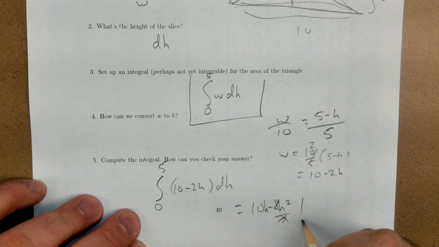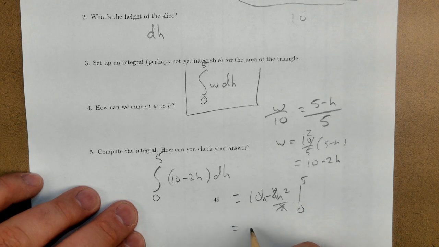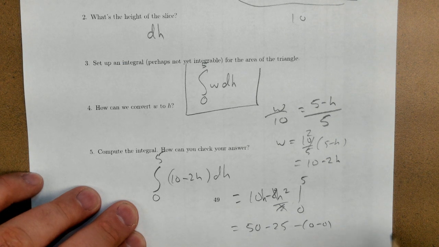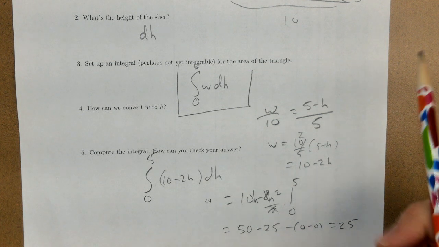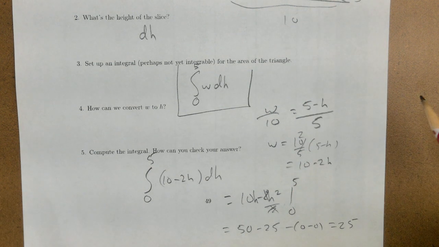And then plug in 0 and 5. So I get 50 minus 25, and 0 minus 0. So I get 25. How do I know that's the right answer? Because the formula for area of a triangle is 1/2 BH, and B was 10, and height was 5. So half of 50 is 25. That answer makes sense. Okay, so it seems kind of a waste of time because we already knew the answer, but we're going to generalize these concepts to formulas that you don't know yet, so that's why we're doing this.